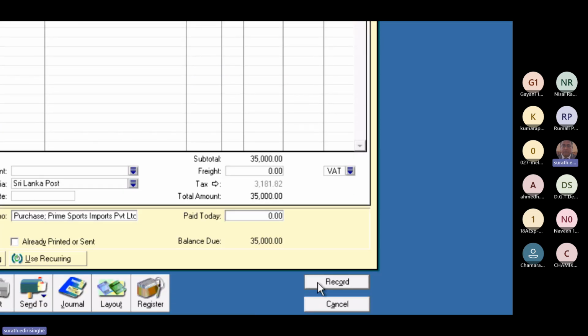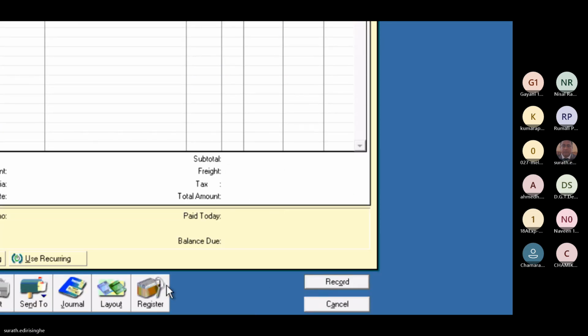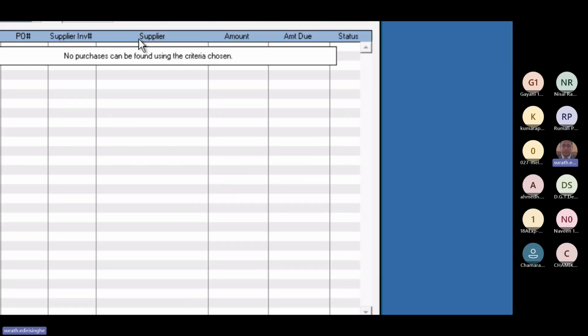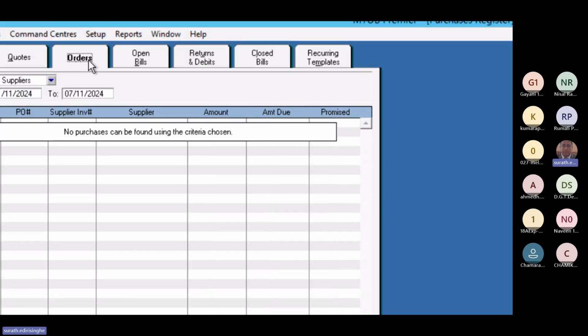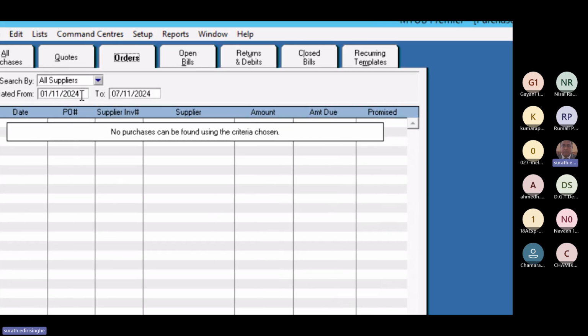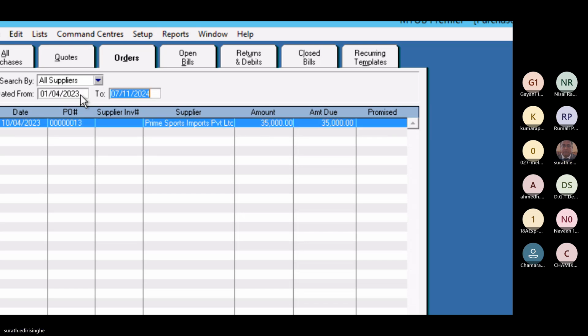Then record. Look at your register, order, change the date format, 23 in the month of April, 3,500. Complete up to that.